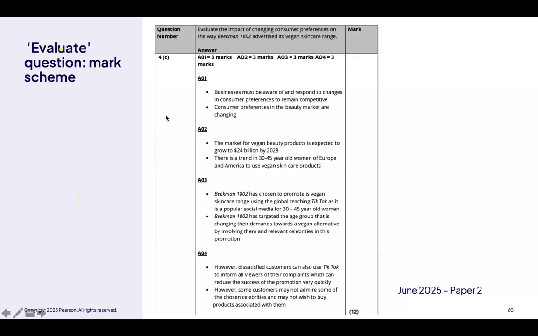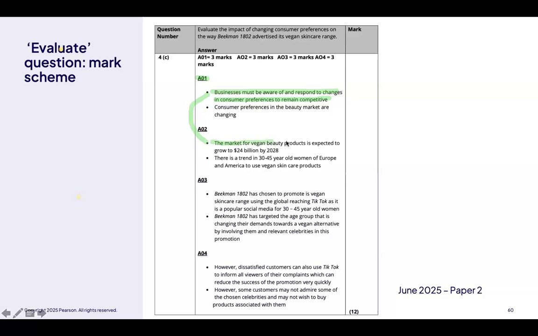So this is how these mark schemes work. For AO1, for knowledge and understanding, the first bullet point relates to the third bullet point. So businesses must be aware and respond to changes in consumer preferences to remain competitive. That then links to this bullet point.